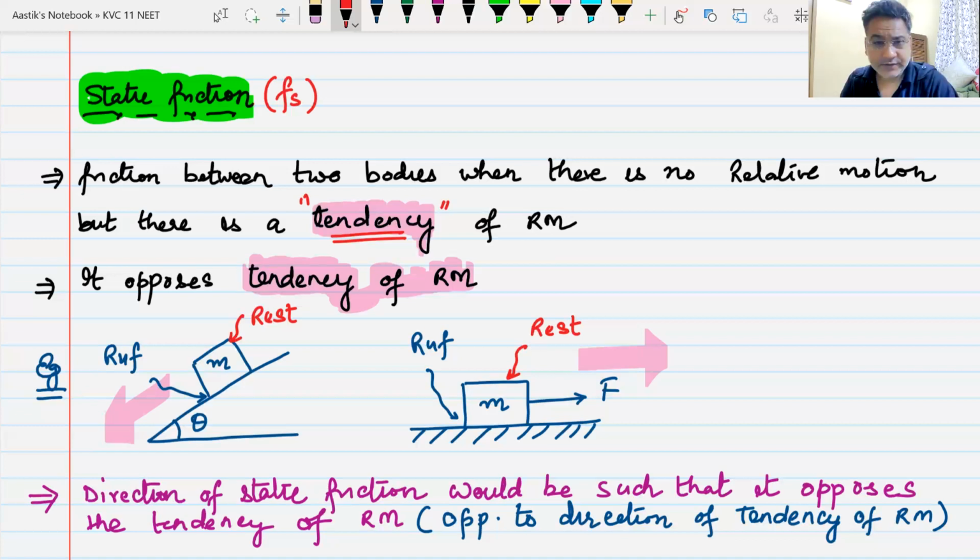Everything is right on your board, beta. What is the direction of static friction? Right side. What do you mean by right side? If this is down, then tell me what is right side. This is down. I'm talking about the inclined plane. This is problem number 1, diagram number 1. This is the diagram I'm talking about. Can you tell me what is the direction of static friction on this body?